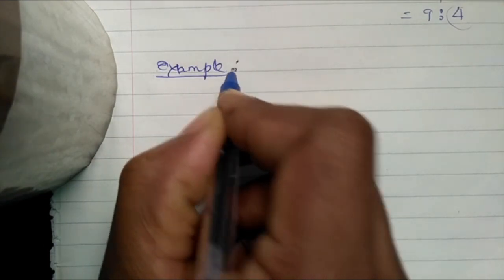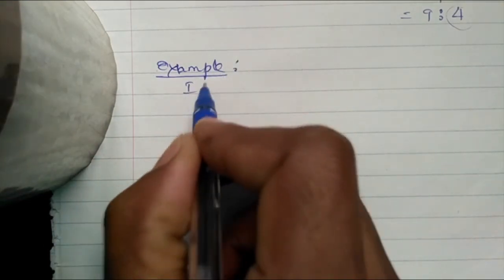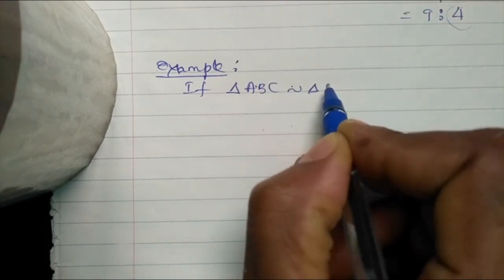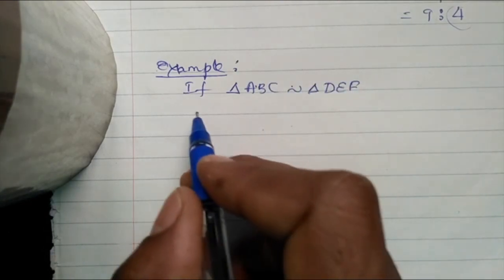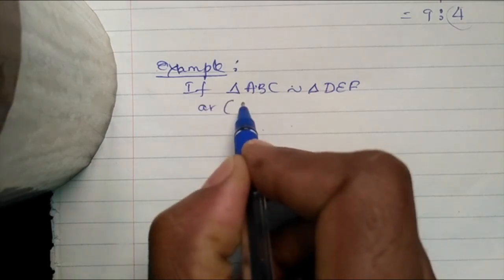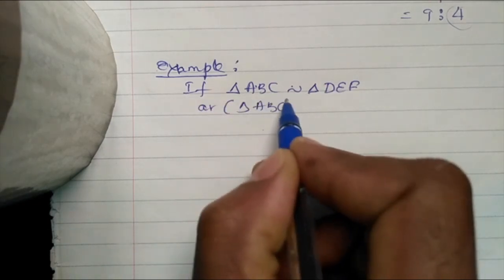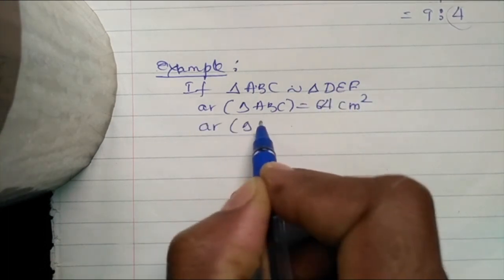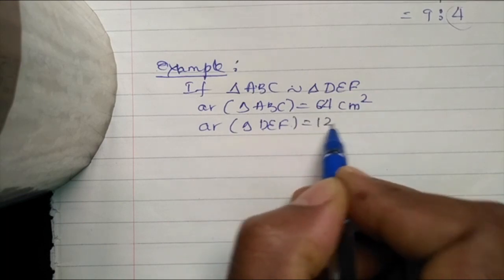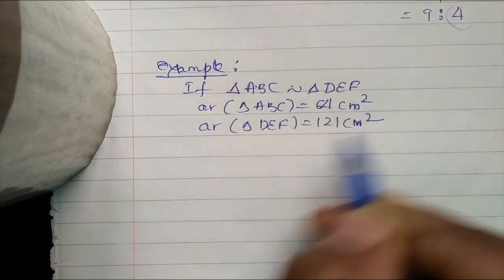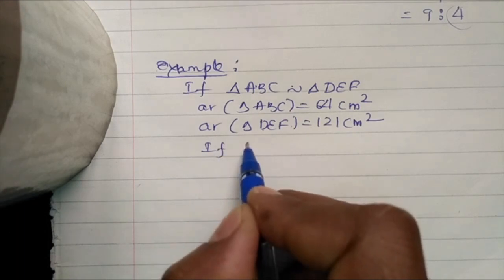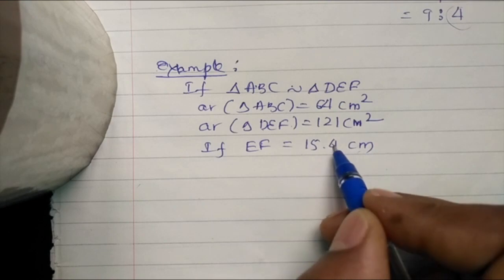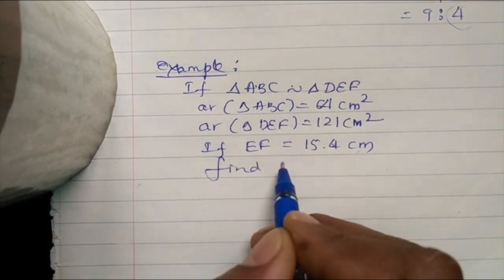Let's take an example. If triangle ABC is similar to triangle DEF, the area of triangle ABC is 64 centimeter square, the area of triangle DEF is 121 centimeter square, and EF is equal to 15.4 centimeter, find BC.